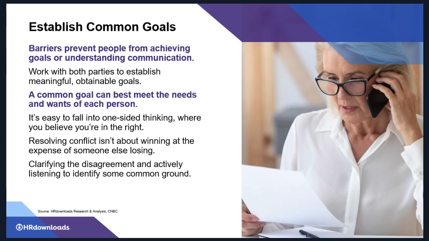Conflicts are more difficult to resolve when each side is focused on being the winner or the other one is right. Resolving conflict isn't about winning at the expense of someone else losing. By clarifying the disagreement through asking questions and actively listening to the other person's point of view, you're likely to be able to identify some common ground.